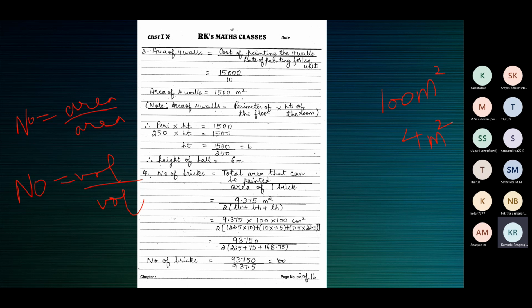So how many objects can be painted? Can you read? Sorry? 25. I heard another answer.